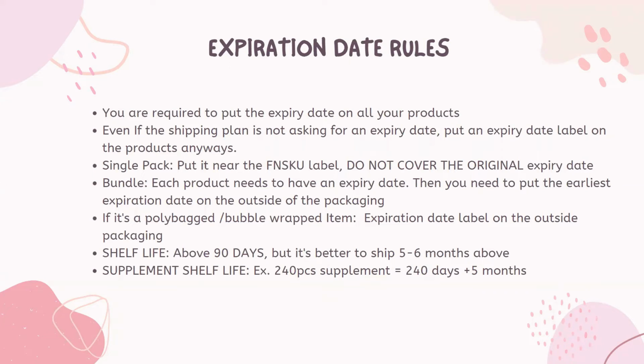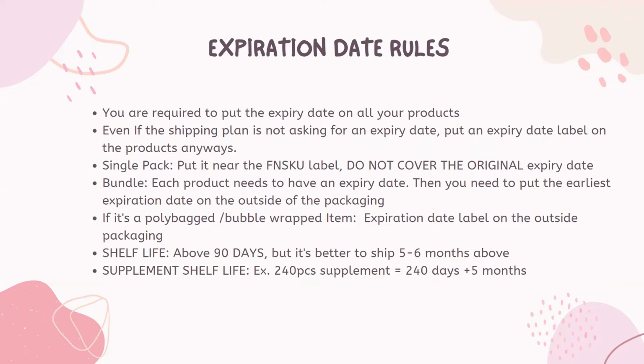For a bundle, for example, you have three pieces of a sauce with different expiry dates. You're going to bundle a 3-pack of sauce, and each one has a different expiration date. The expiration date that you need to put outside the packaging, that means outside the polybag, will be the earliest expiration date.